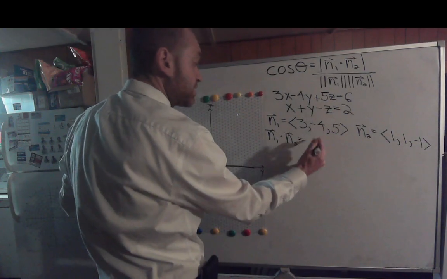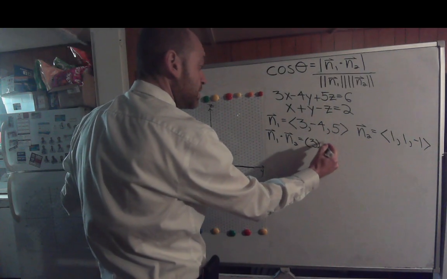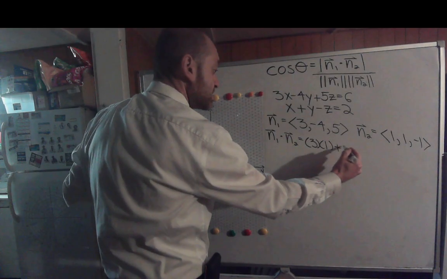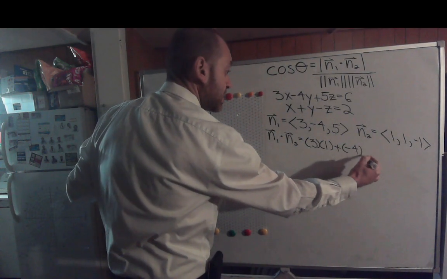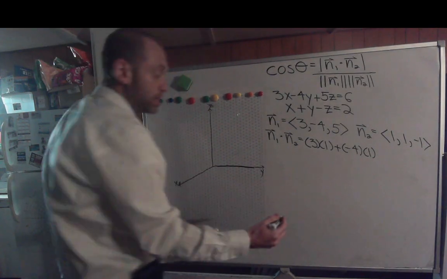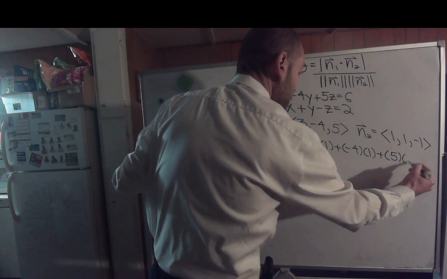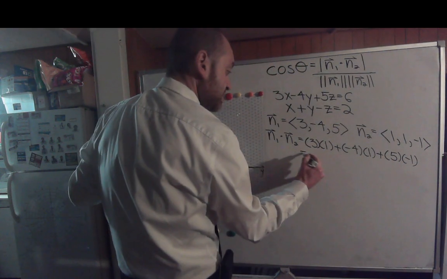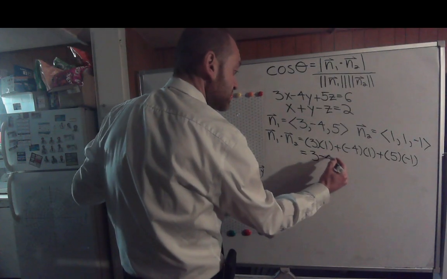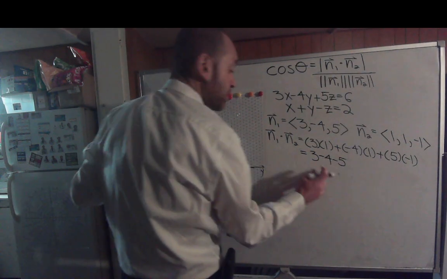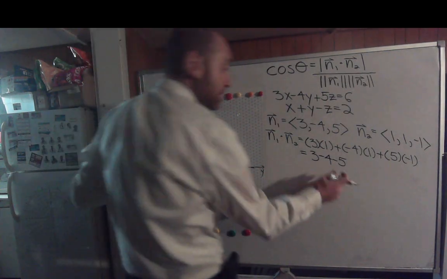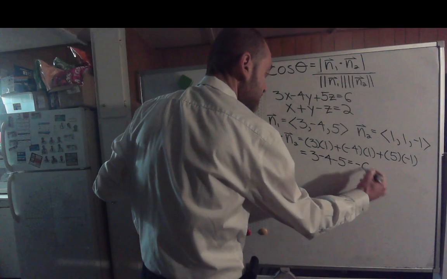So if we take 3 times 1 plus negative 4 times 1 plus 5 times negative 1, this is going to simplify into 3 minus 4 minus 5. Well, 3 minus 4 is negative 1, minus 5 is negative 6.